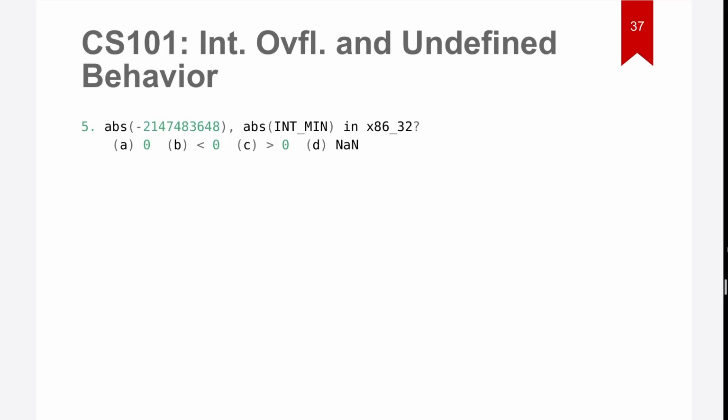So if we have the absolute of 2,147,000,000-something, which is the equivalent of the absolute of int minimum in x86 32, any guesses what that would be?